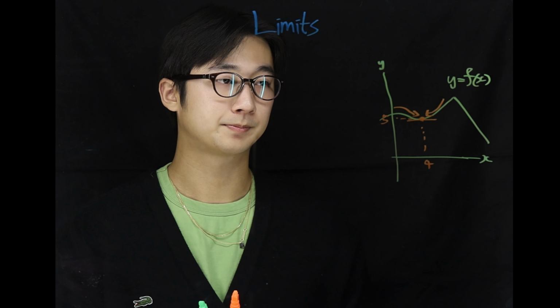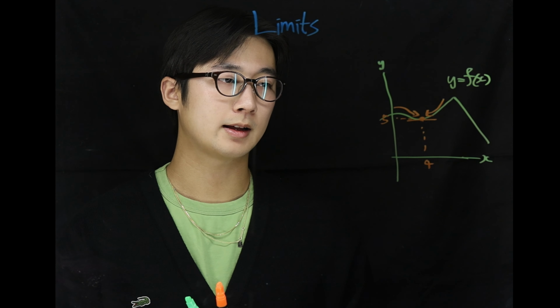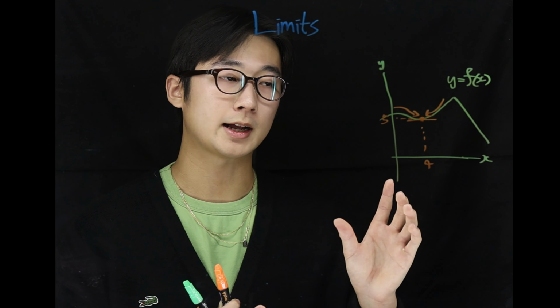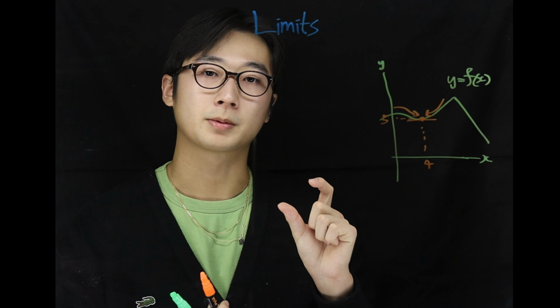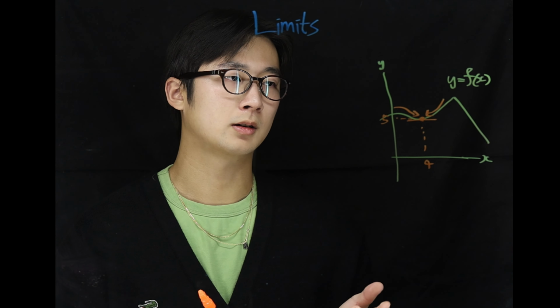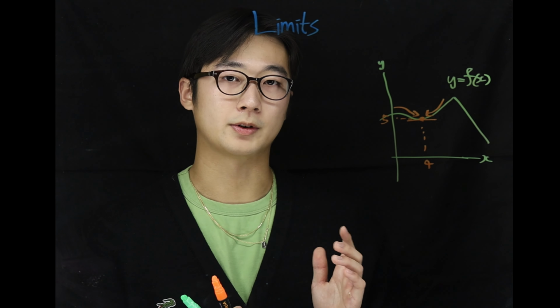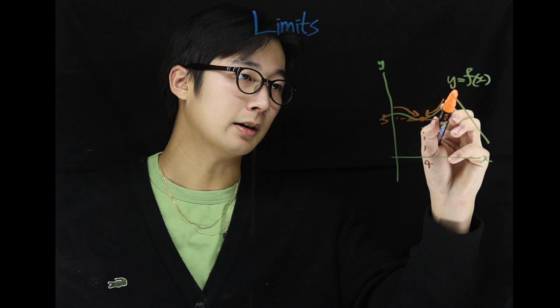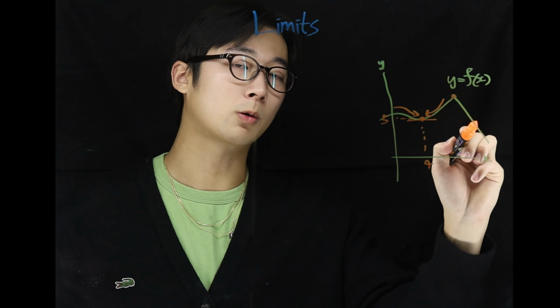That being said, if the function has a cusp or a sharp corner or a vertical tangent or anything like a jump, then it is not differentiable. For example, here you can see there's a sharp corner, right?